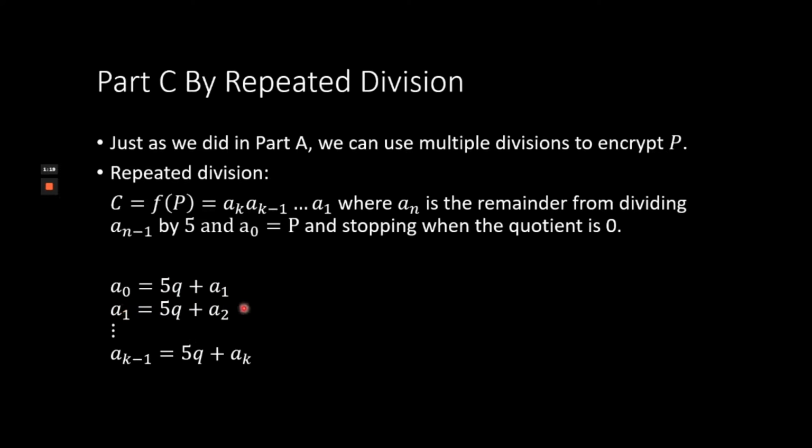Then we're going to recursively do this, or iteratively, depending on how you want to put it, until we get to a_(k-1), and the quotient in here is now going to be 0. So that is the method for how this ends up working.